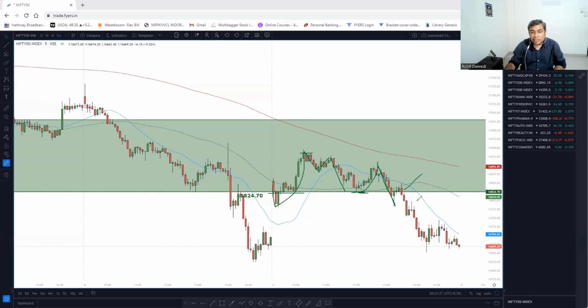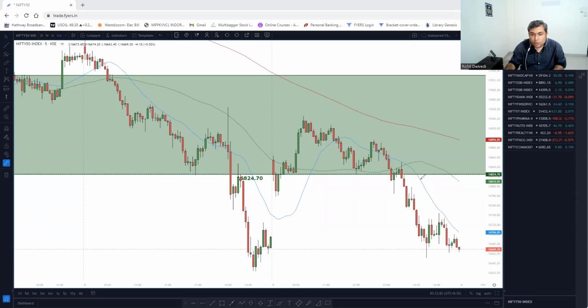Then this rejection bar formed, and it is a powerful bar, and we could have gone short below this bar, and then it is almost 100 odd points that we could have taken in an intraday. So this was the special thing that I wanted to share in this analysis with you all. Now if you had gone short below this candle here, you could have placed your stop here, or maybe above here, just to give it some more room.